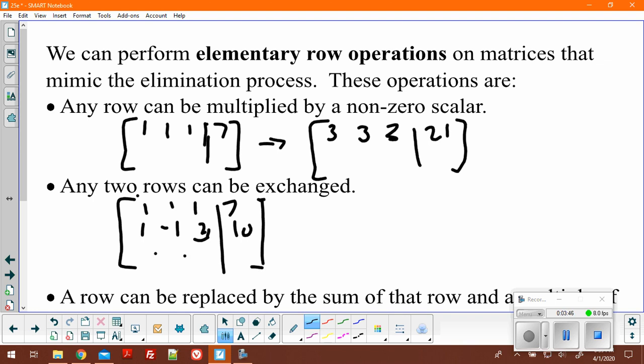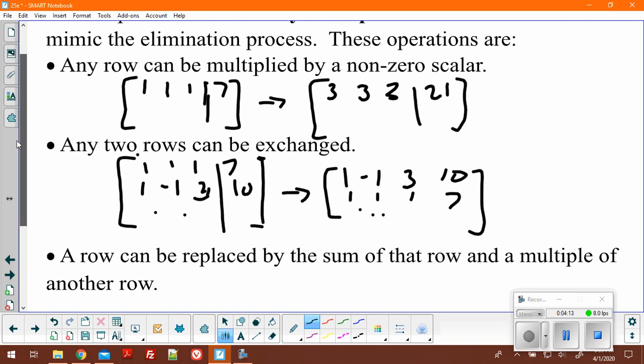If for some reason I think it's an advantage to switch their position, I can just rewrite this as 1, negative 1, 3, 10 as my first row, 1, 1, 1, 7 as my second row, and leave the third row alone. I can just switch the positions. Changing the order of the rows is just moving the equations around on the page. It doesn't change the solution.